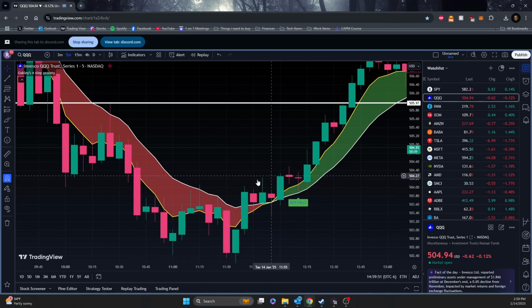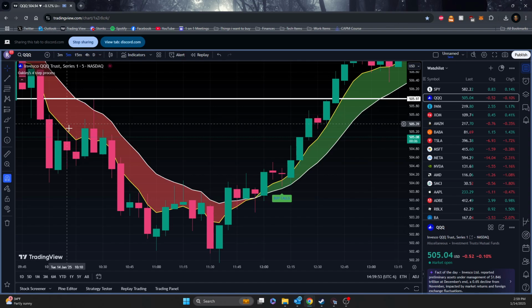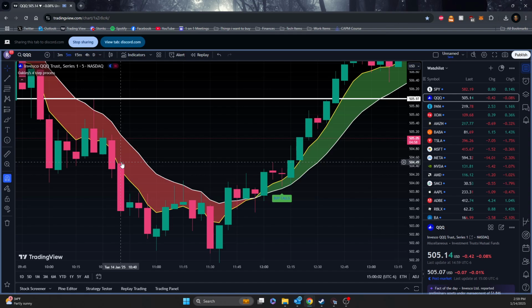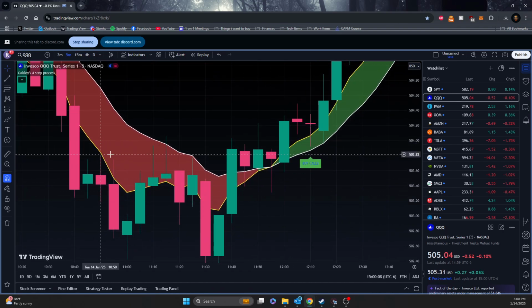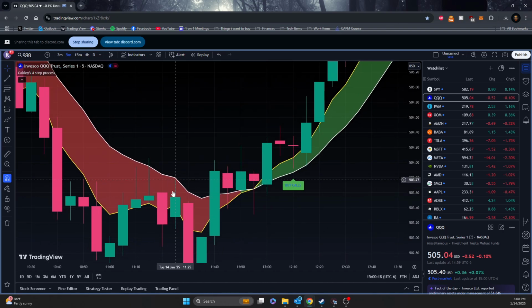In this case, our EMA cloud is red, which means our momentum is to the downside. You can change it to whatever you want, but for right now, the red EMA cloud means momentum is to the downside. As soon as that cloud changes color, so maybe we've consolidated for a little while and the EMA cloud has gone from kind of wide to more narrow, and then we get a couple candles up above it, that shows a shift in momentum.